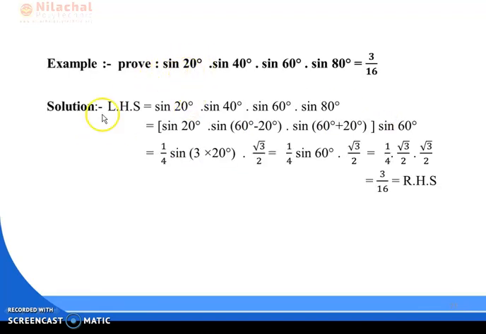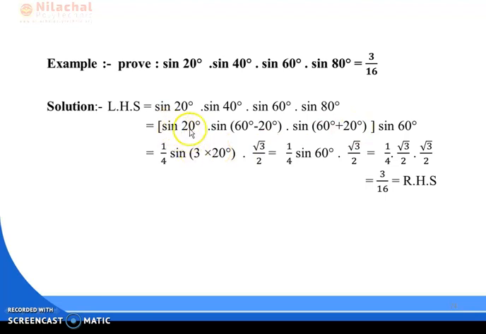Here, one question: we should use sin 20 degree, sin 40 degree into sin 60 degree and sin 80 degree equals 3 by 16. LHS. We know that this is 20, 40, 60, 80. All is in sin, so we should convert it. 60 minus 20 gives 40, and 60 plus 20 gives 80 degree.